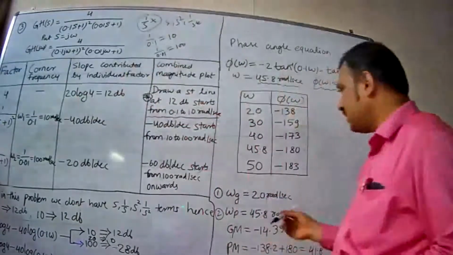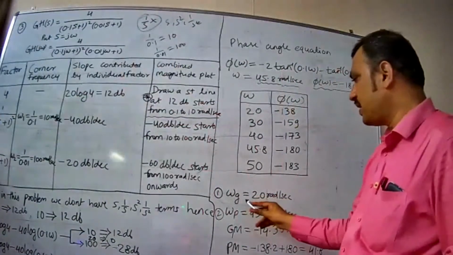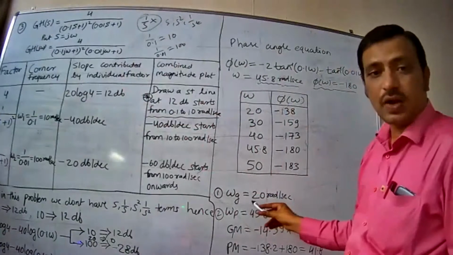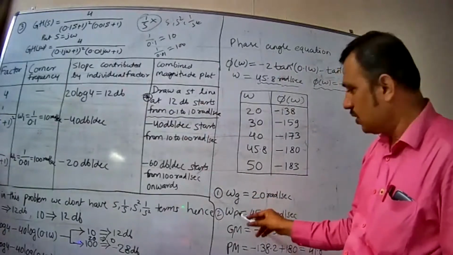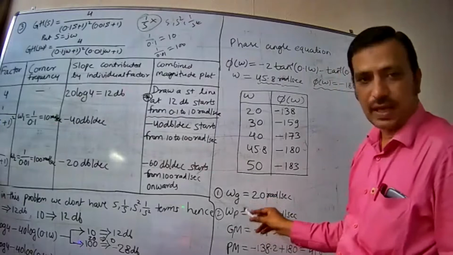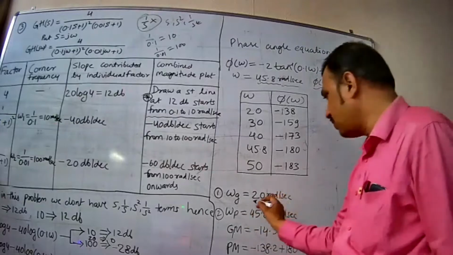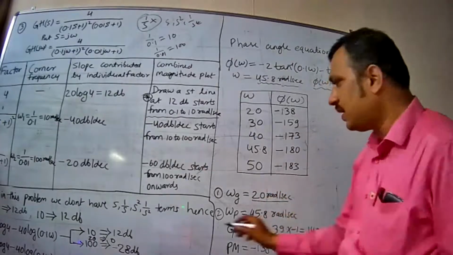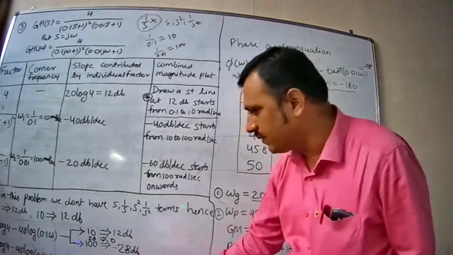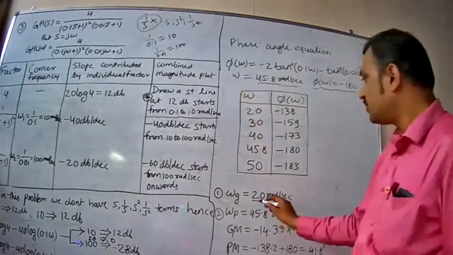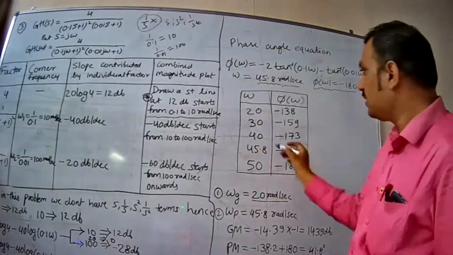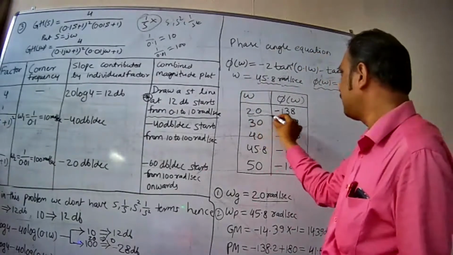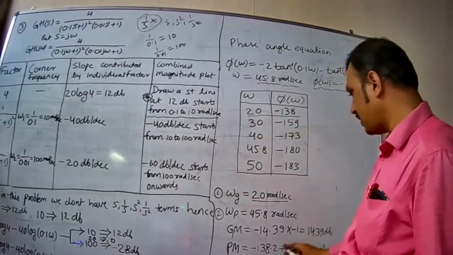After writing this tabular column, see here, what is omega g? Omega g is the gain crossover frequency, hence we are writing g. G means gain crossover. Omega p means phase crossover. We have to substitute this 20 in the phase angle equation. If you substitute 20, then we are getting the value as 138.2.